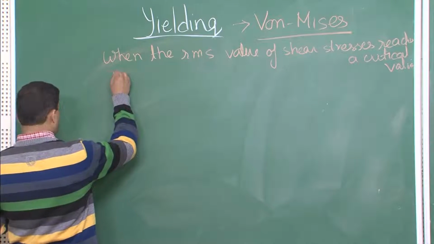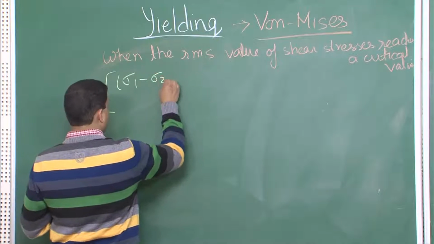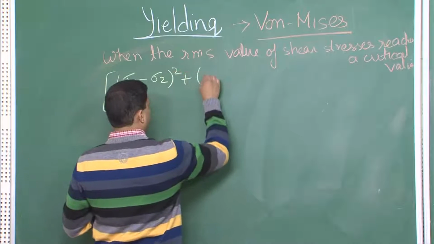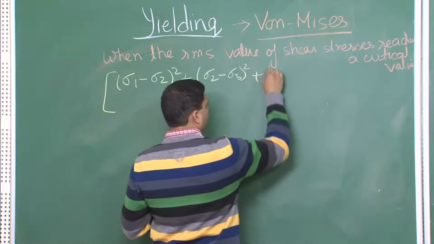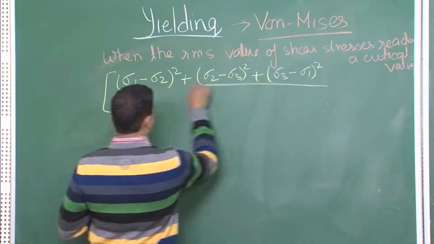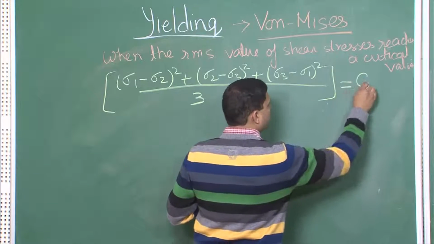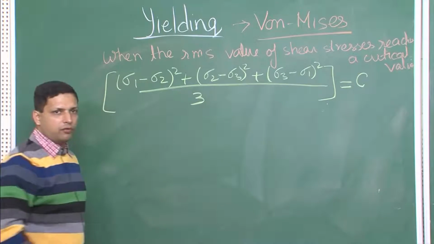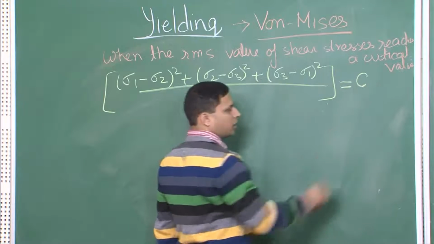So, if you put it mathematically, this is how we will represent. So, this particular quantity which is on the left hand side, it should reach some critical value C. So, this C is a constant.